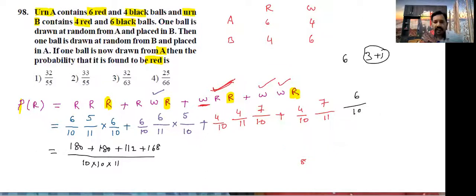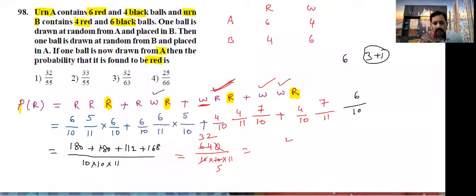Students, calculate the total. How much are you getting? 8 to 10. So 180 plus 112 plus 168. Then 6 by 10, 10, 11. 0 cancel. 0 cancel. 2 5s are 10, 232, sir.